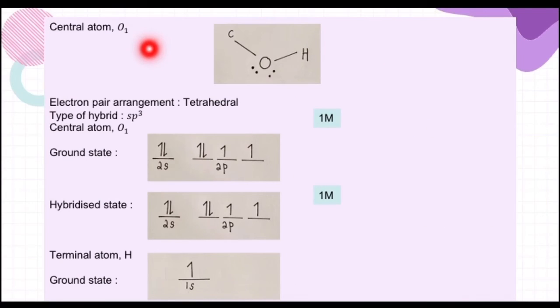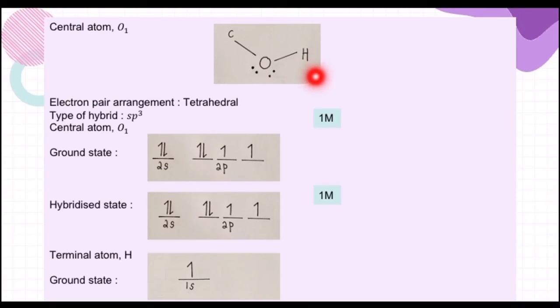Okay, for O1, I redraw the structure because as you can see here, there's 2 lone pair, so the molecular geometry will change. So the new electron pair arrangement is actually tetrahedral. Type of hybrid is sp3. So for central atom here, O1, this is the ground state, and this is the hybridized state.